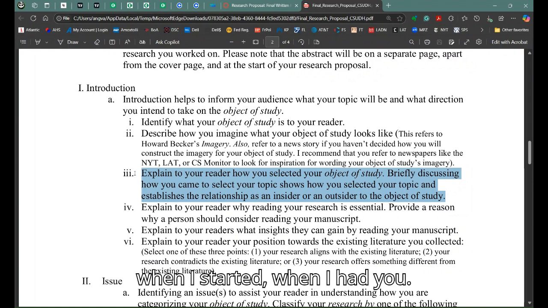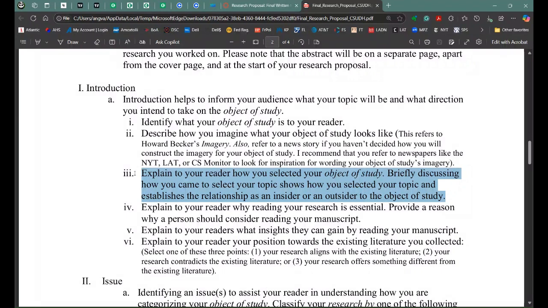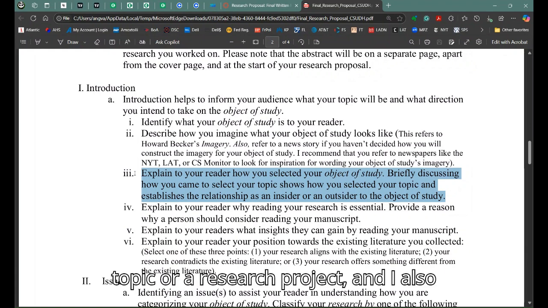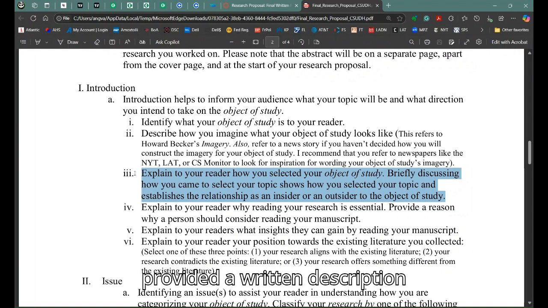Right. When I had you think about how to identify topics for potential research when you're reading a newspaper. Right. So I gave examples of how to use the newspaper to develop a topic, or a research project, and I also provided a written description of how you are able to use your personal experiences to develop a research project. Okay.